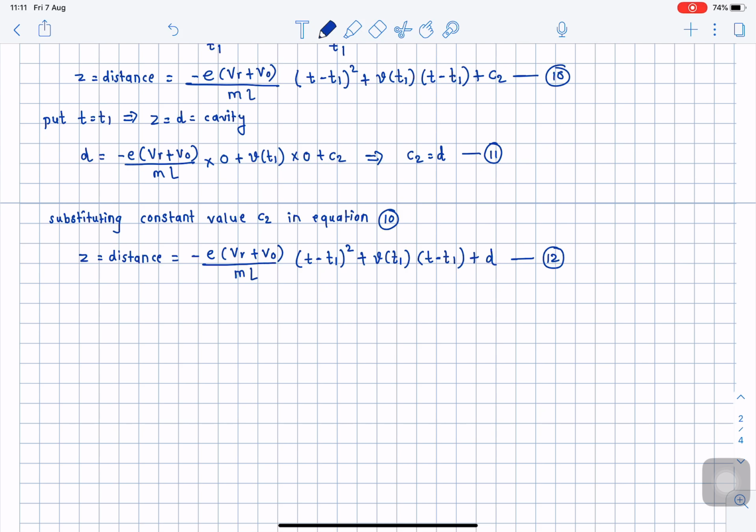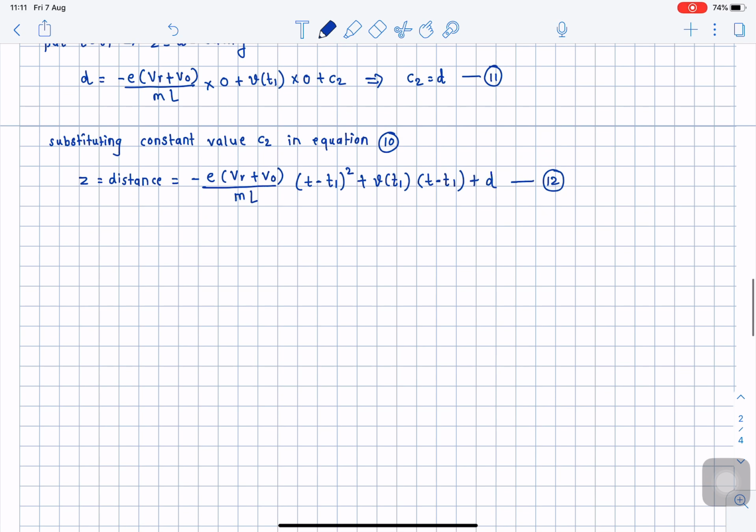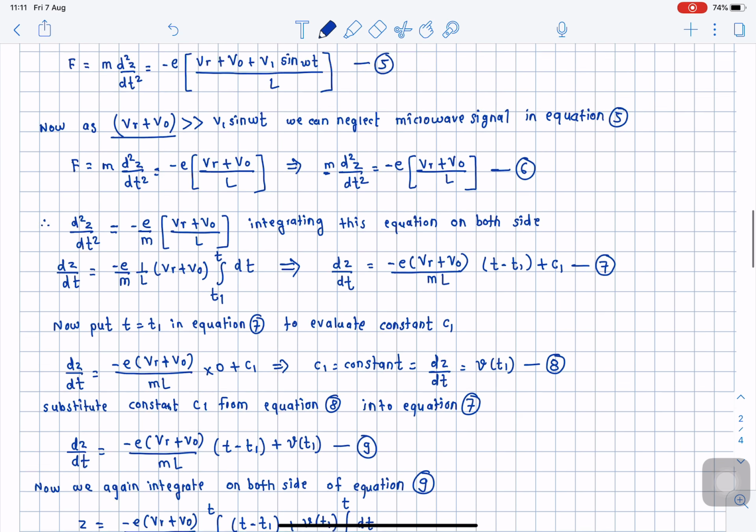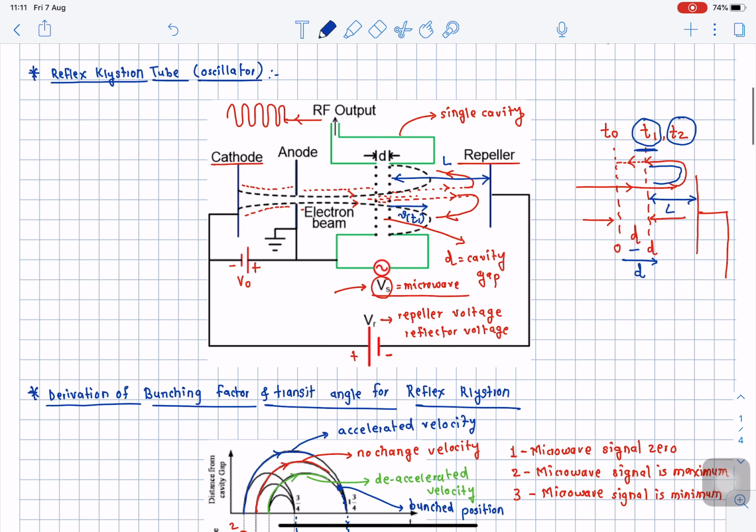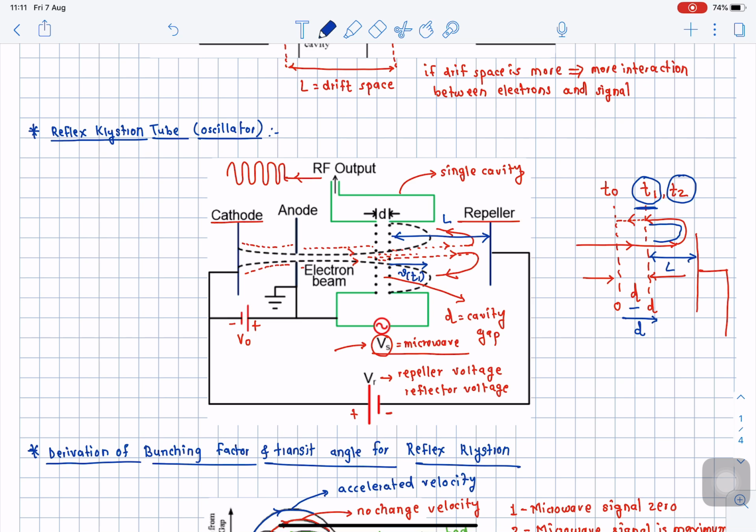Right, so next, as electrons return back, see here over the diagram which I drew on the right hand side, at what time will the electrons return back to the cavity? When they get repelled by the repeller at time t2.